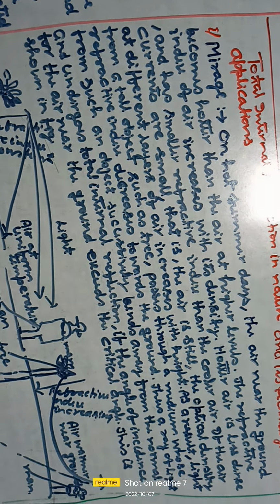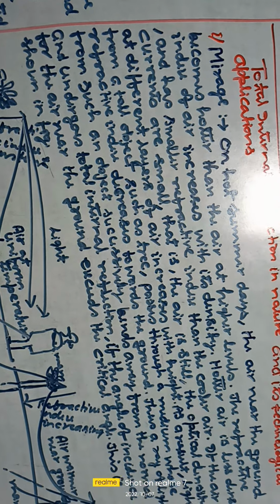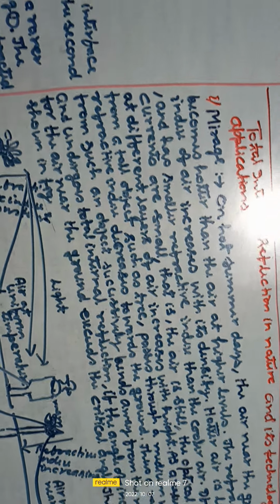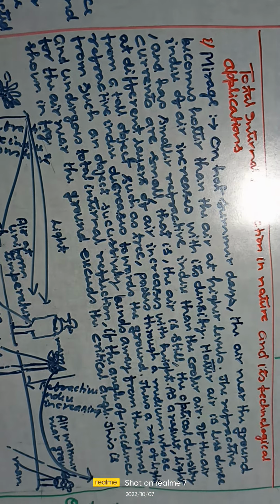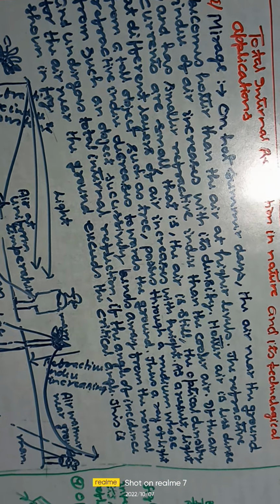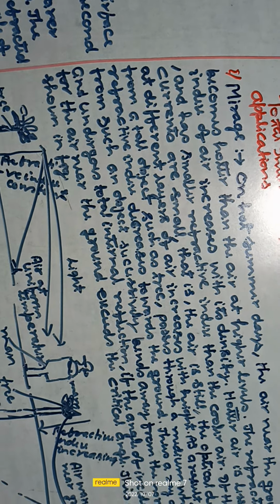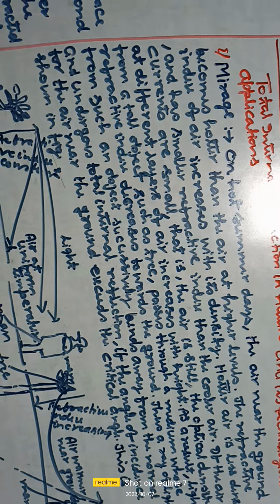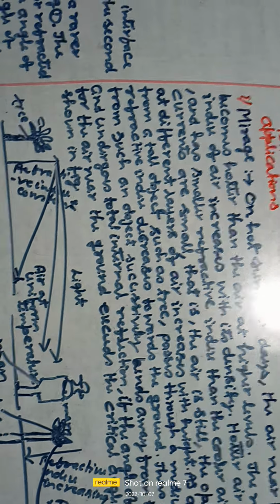If the air currents are small, that is, the air is still, the optical density at different layers of air increases with height. As a result, light from a tall object such as a tree passes through a medium whose refractive index decreases towards the ground.